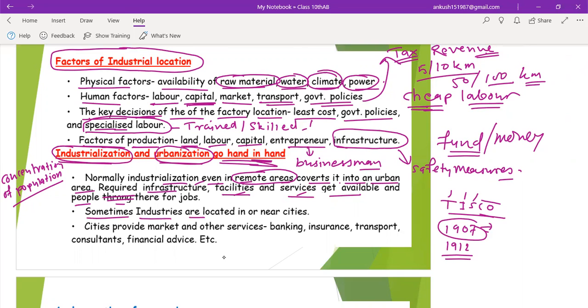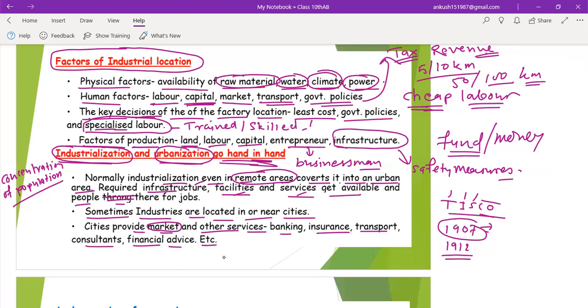Sometimes industries are located in or near cities. Cities provide a market. Why are they set up there? Because the bulk market is captured by the industry. Other services like banking, insurance, transportation, consultants, financial advice, lots of things are nearby to the industries.